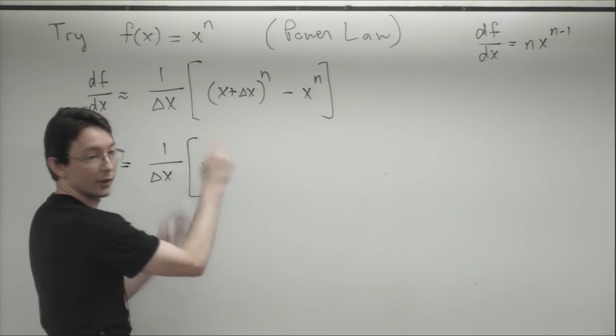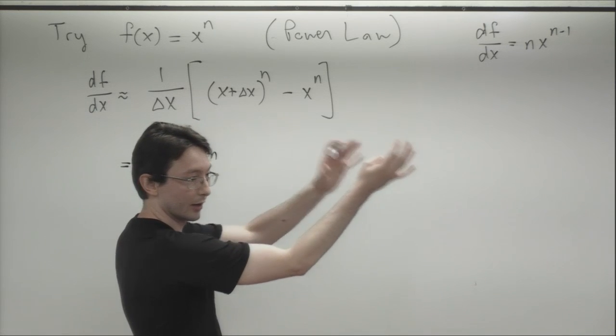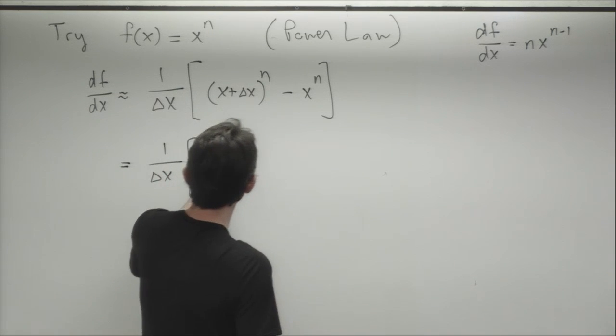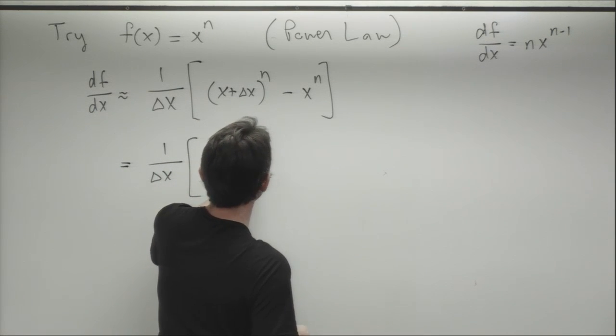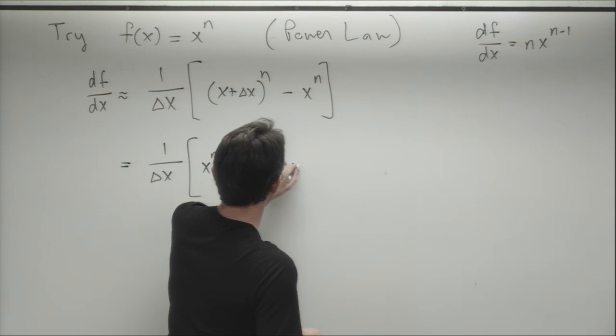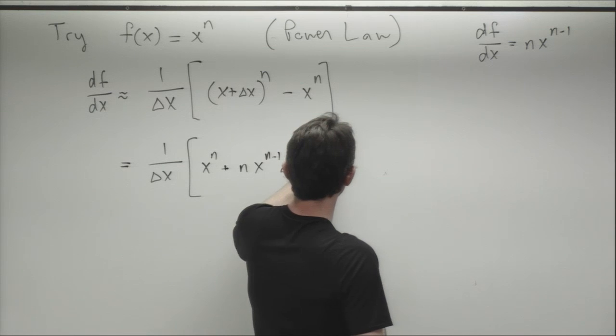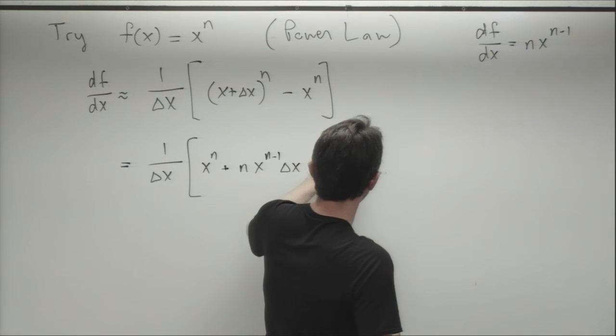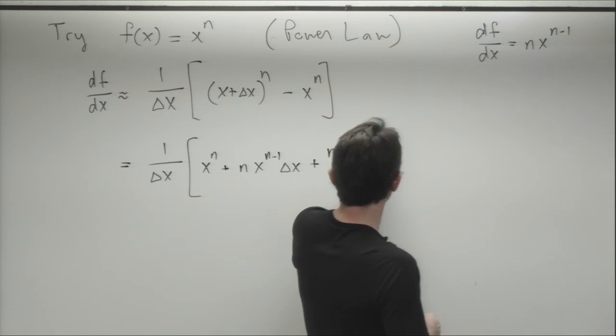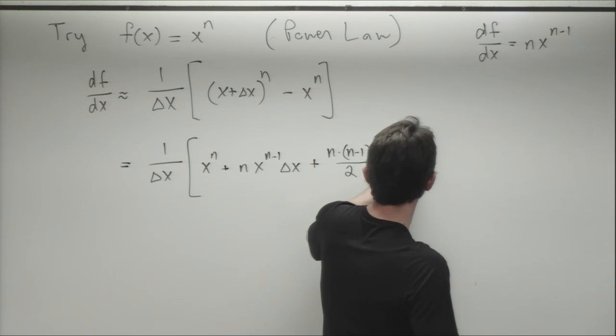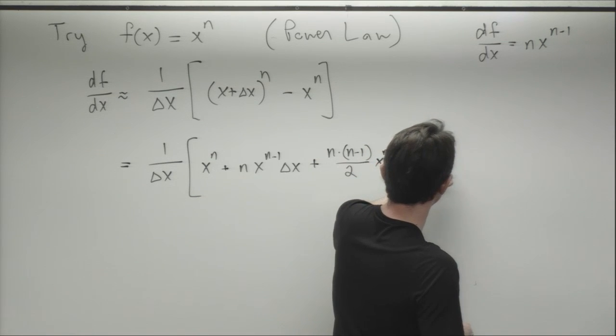Then the second term, you're going to do all this multiplication and collect all of the x to the n minus 1 terms. And you're going to have n of them times the delta x. Then you're going to have an n times n minus 1 divided by 2 times x to the n minus 2 delta x squared plus dot, dot, dot.